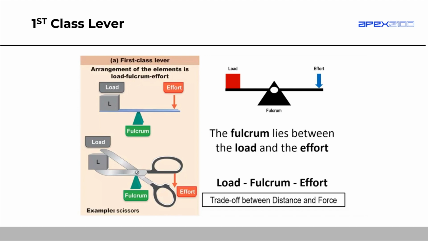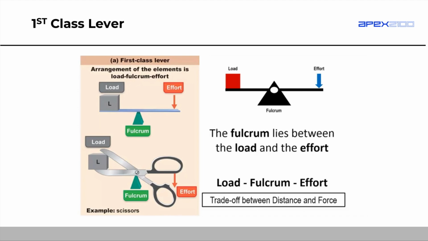What I mean by that is, let's take distance as an example. If I was to push down on the seesaw at the effort, the load would move up the same amount that my hand moved down. So the distance that the load would move is the same as the effort would move.